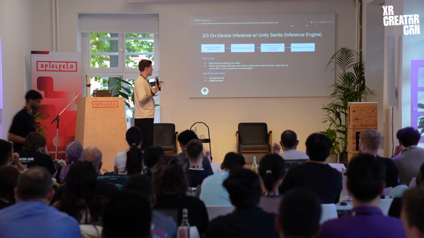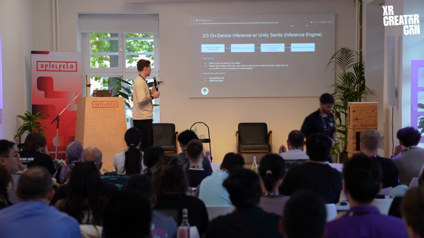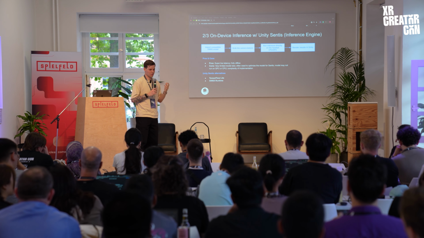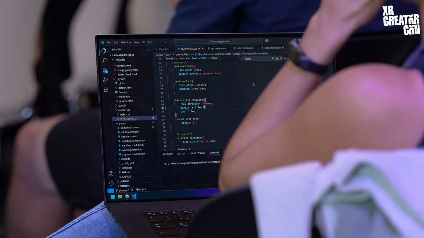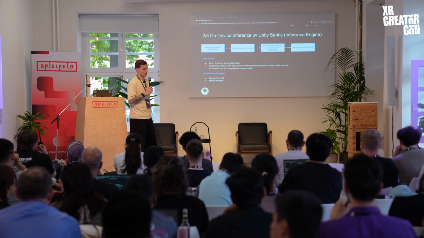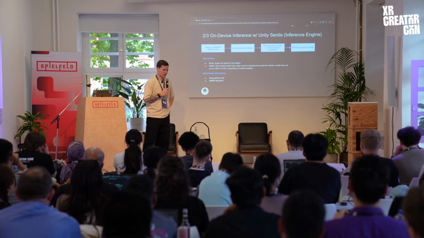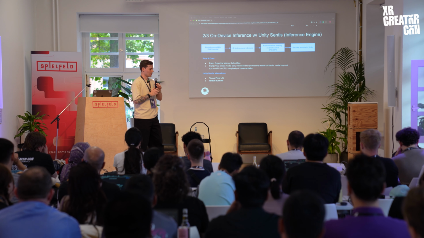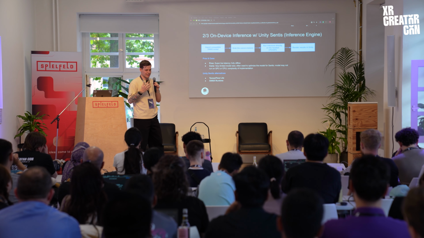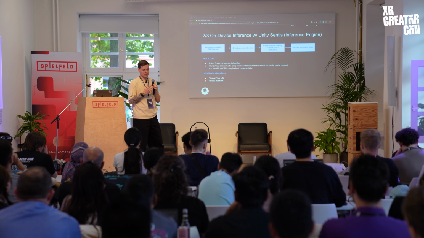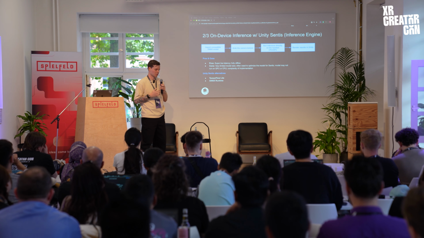So for me, Sentis is quite hard to use, but of course the advantages are that it's fully offline and the latency can be super low. A further disadvantage is that the model that you run is rather small. So you have to use a very tiny model to run it on your device. It cannot be too big, otherwise you cannot run it anymore.